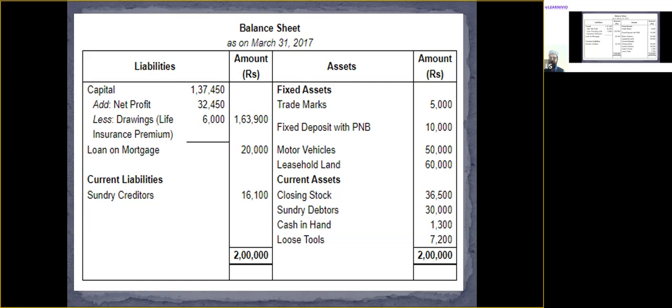So the total value of capital will be 1,63,900. Then we have loan on mortgage on the liability side, and the current liability by the name of sundry creditors is 16,100. So all of these collectively equal 2 lakh. The balance sheet tallies, which proves that our solution is correct.